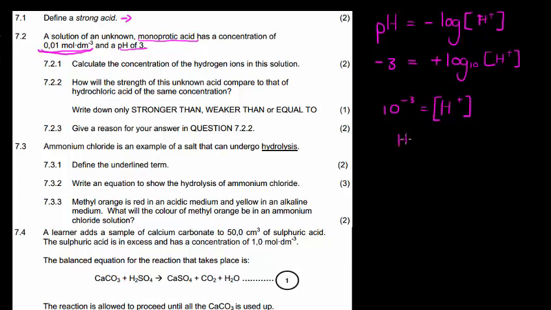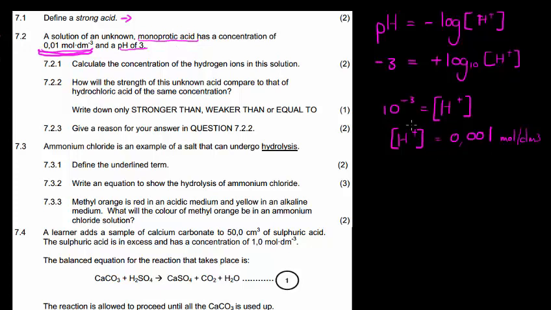Now if you just go and do this, this means the 10 to the power of negative 3 is 0,001 mole per cubic decimeter. Now look at this. Look at the concentration that it had. That's the concentration of the acid. And look at the pH.